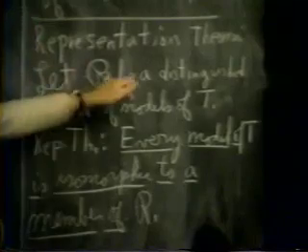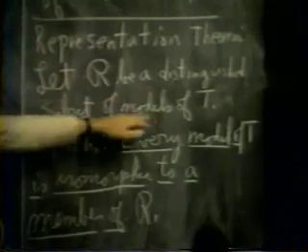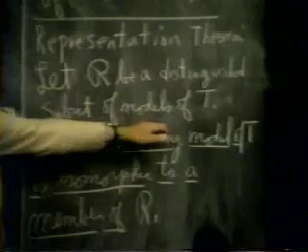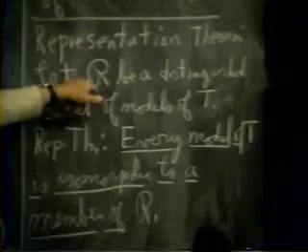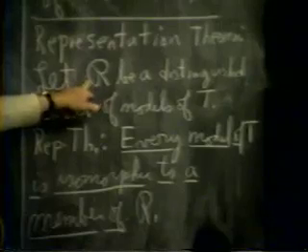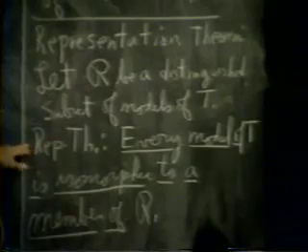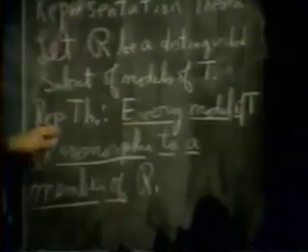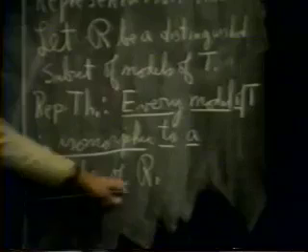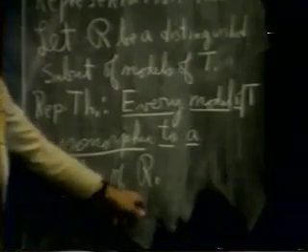We try to identify some distinguished subset of models or of structures that have some important characteristic. And then we want to prove a representation theorem of the following sort: that every model of the theory is isomorphic to a member of this distinguished subset.